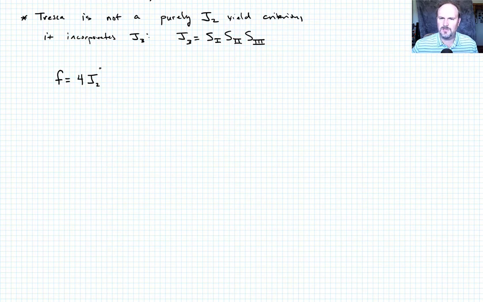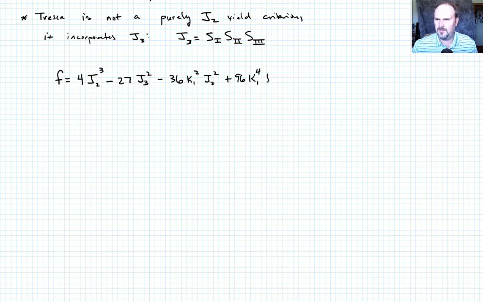This looks like 4 J2 cubed minus 27 J3 squared minus 36 K1 squared J2 squared plus 96 K1 to the 4th J2, and then minus 64 K1 to the 6th. So that's exciting. The failure surface is of course defined when that equals 0, but you can see it's not purely J2. It has all these other components from J3 in there as well.